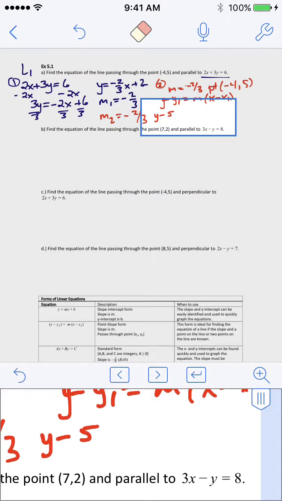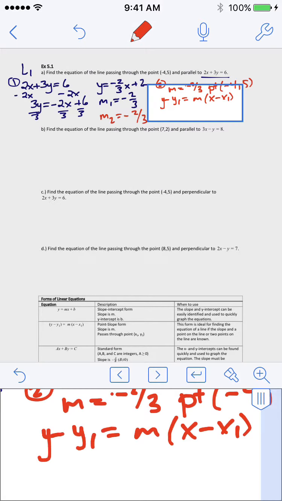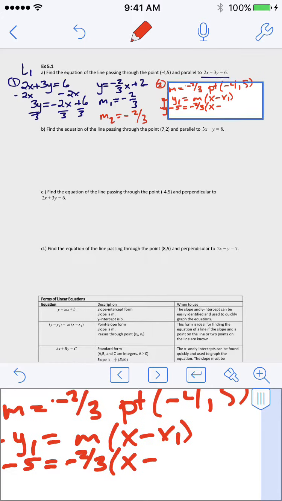I'm going to write a little smaller because we are running out of room. So y minus 5 is equal to that slope, negative 2/3, times x minus, and the first half of my point was negative 4, so minus a negative 4. Watch those double negatives, right?